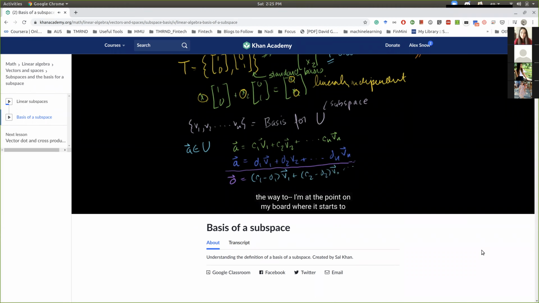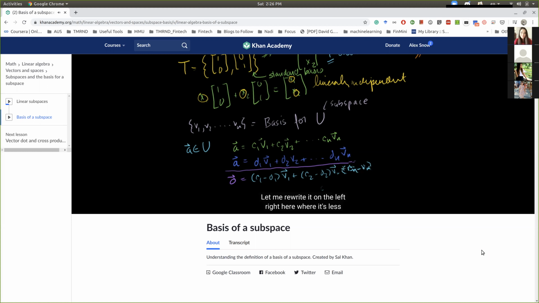I'm at the point on my board where it starts to malfunction. Let me rewrite it on the left right here where it's less likely to mess up. The zero vector is equal to C1 minus D1 times V1 plus all the way up to Cn minus Dn times Vn, right? I just subtracted the vector from itself.